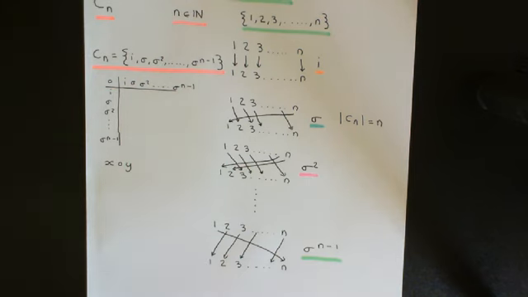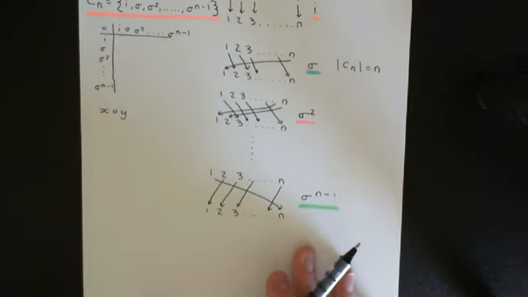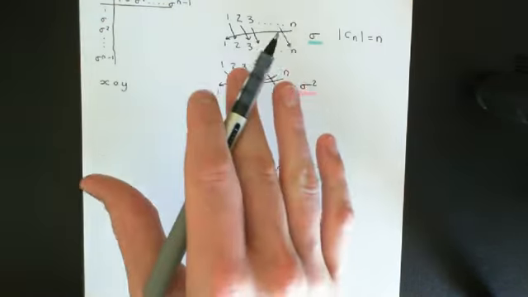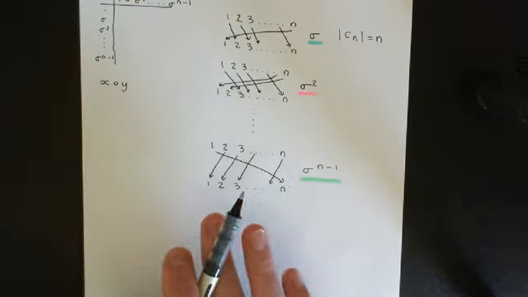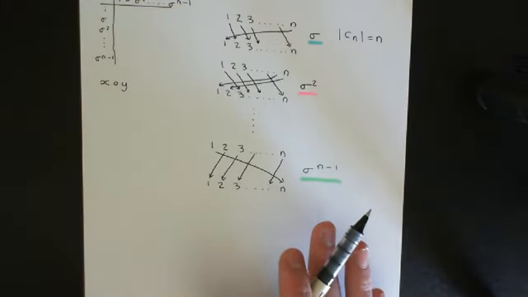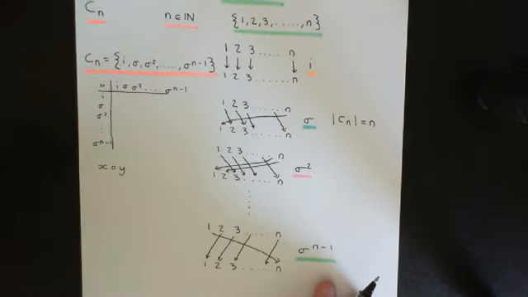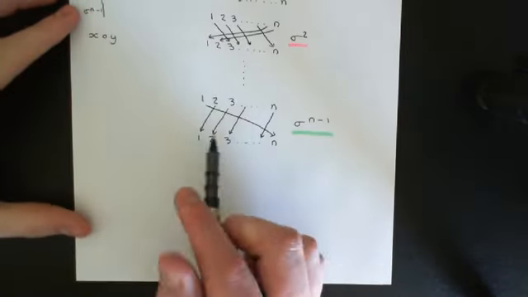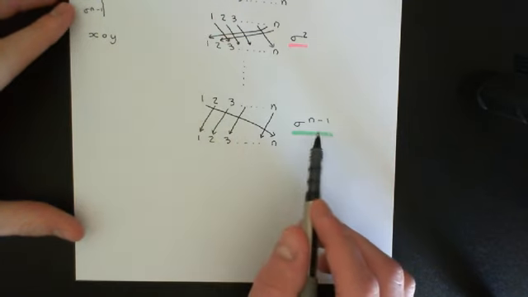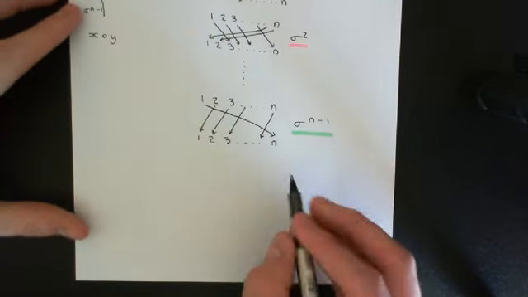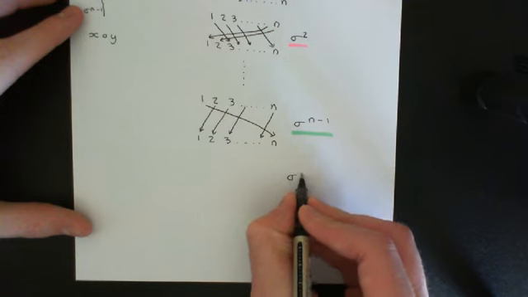Another way of thinking about that is to remember that if we end up moving everything along by n, then that is the same as the identity set permutation. Let me say that again. Here is our movement to the right by little n minus 1. What would happen if we considered sigma to the power of n?